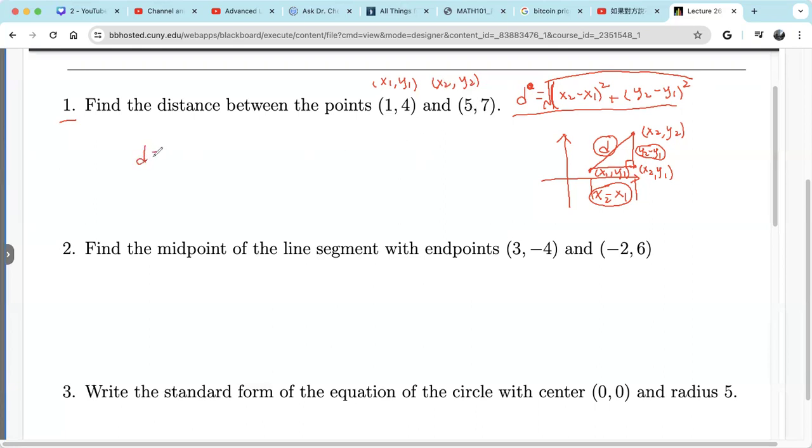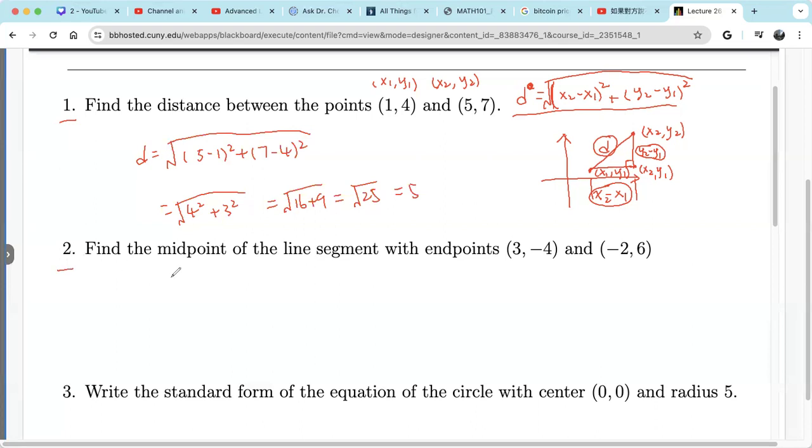The distance is the square root of 5 minus 1 squared plus 7 minus 4 squared. 5 minus 1 is 4, so 4 squared, plus 7 minus 4 is 3, 3 squared. 4 squared is 16, 3 squared is 9, 16 plus 9 is 25. The square root of 25 is 5. So the distance between 1, 4 and 5, 7 is 5.